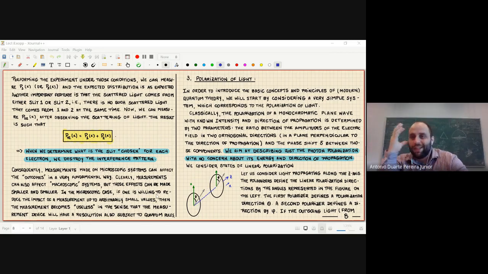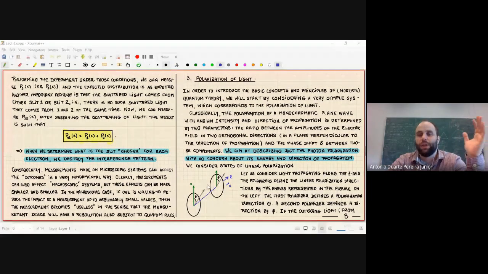So it's easy to explain that part of my electric field, namely the component in this direction, is going to pass through the polarizer. I can say that my initial electric field is partially absorbed by the polarizer, but also partially transmitted. So this is not a problem.